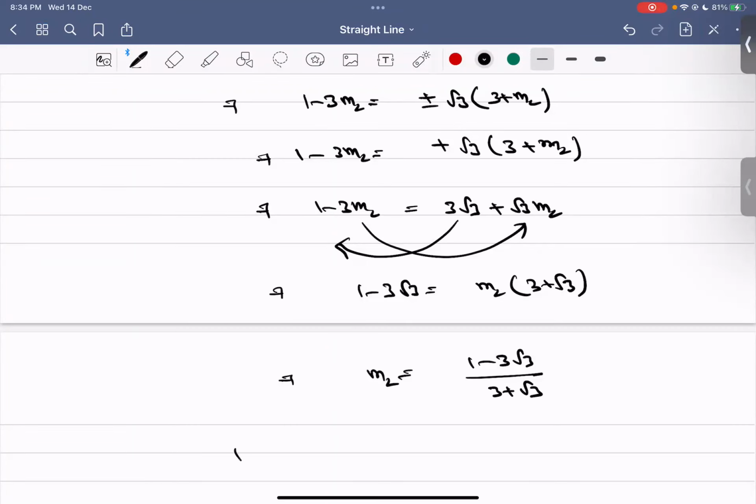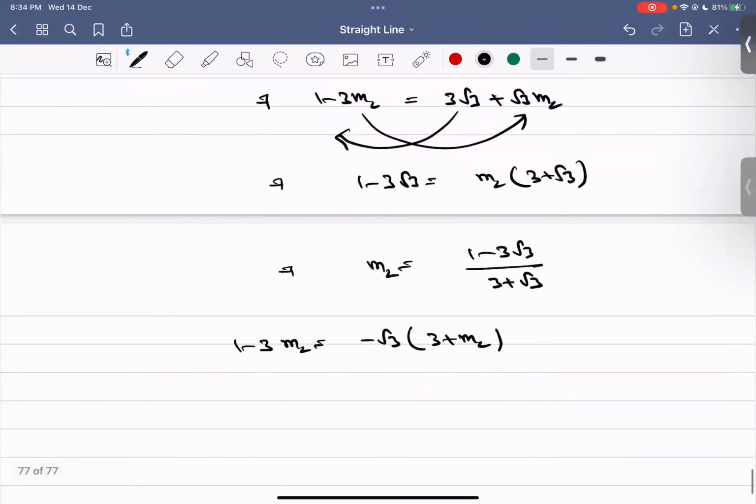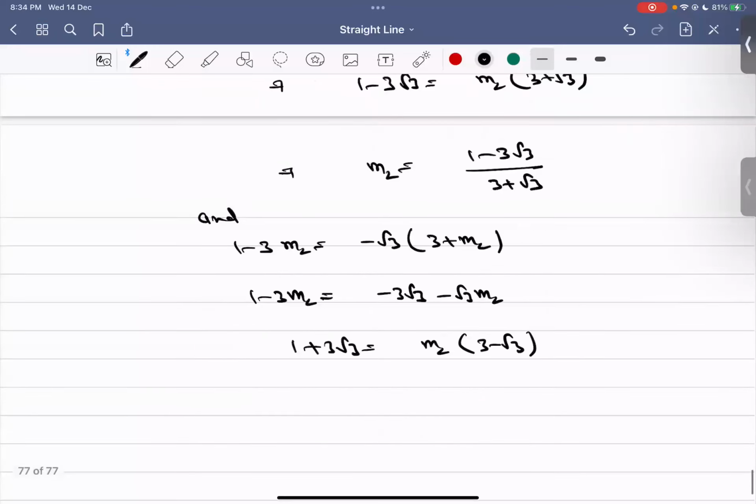So for another value, you take the minus sign. 1 minus 3 m2 is equal to minus root 3 into 3 plus m2. And this one: 1 minus 3 m2 is equal to minus 3 root 3 minus root 3 m2. So 1 plus 3 root 3 is equal to m2 into 3 minus root 3.